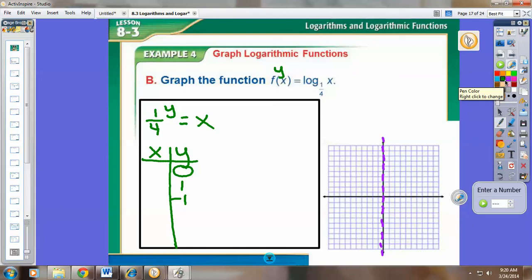Let's put 0 in. 1/4 to the 0 power is 1. So our first point is at 1, 0. Put 1 in. 1/4 to the first power is 1/4 or 0.25. Try -1. 1/4 to the -1 power is 4.